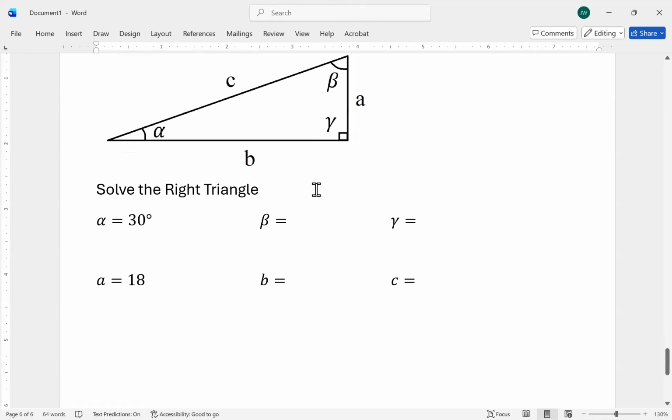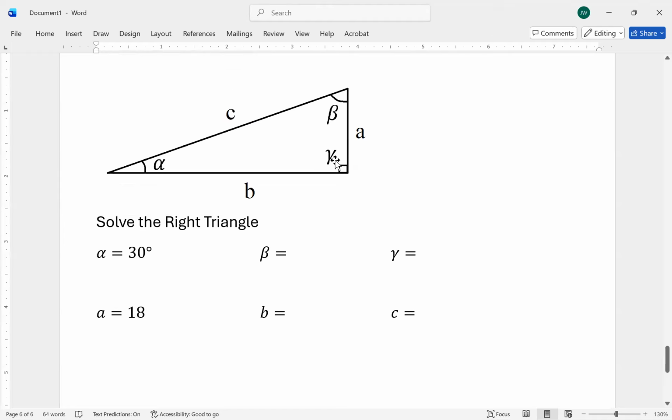Now, the other piece of information is I'm using a right triangle where gamma is 90 degrees. So we have alpha, A, and gamma that are given to us.